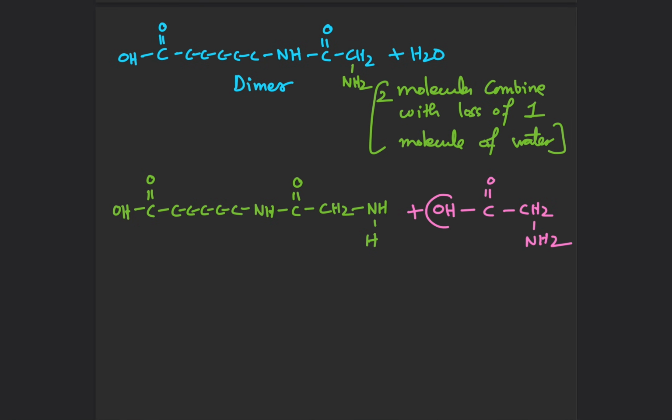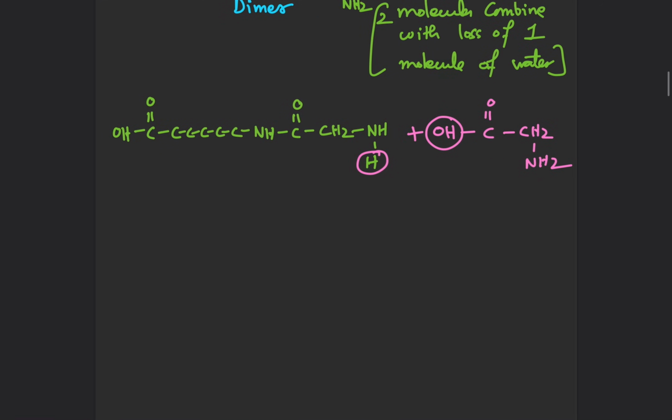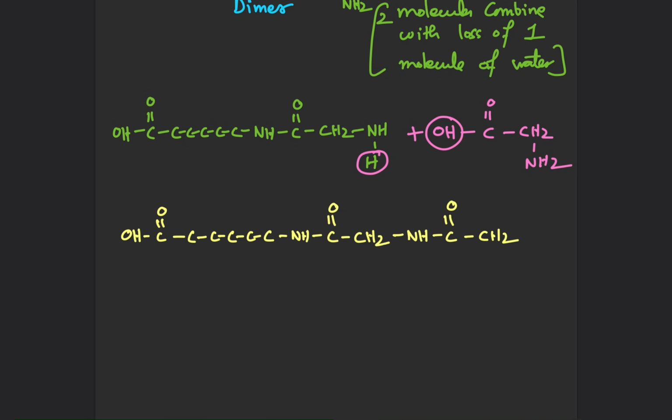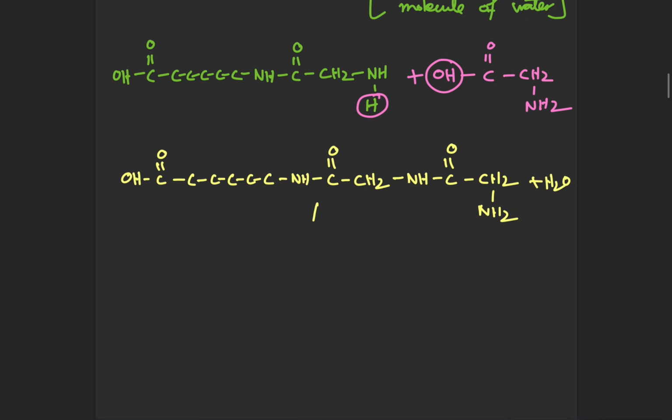Okay, so OH from here and H from here goes out in the form of a molecule of water, and then we get the trimer, and the trimer will look something like this: OH, C double bond O, C 3, 4, 5, NH, C double bond O, CH2, NH, C double bond O, CH2, NH2 plus H2O. Okay, so this is the trimer.